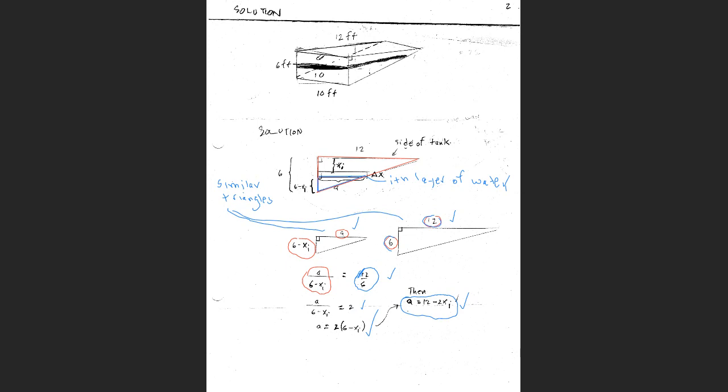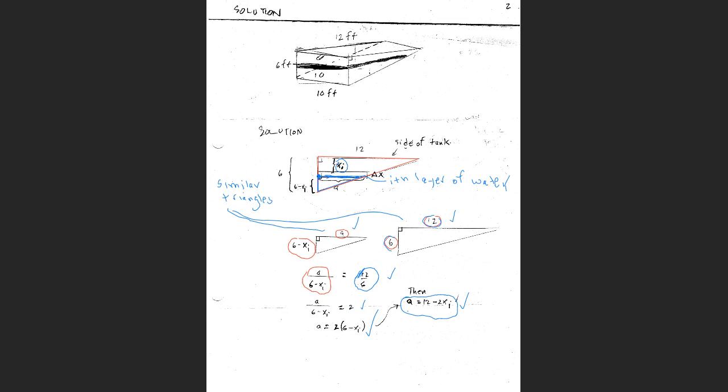Well, all I'm doing in the picture up here is drawing a layer of water, and I'm saying that layer of water is xi distance from the top of the tank. I don't know what xi is.